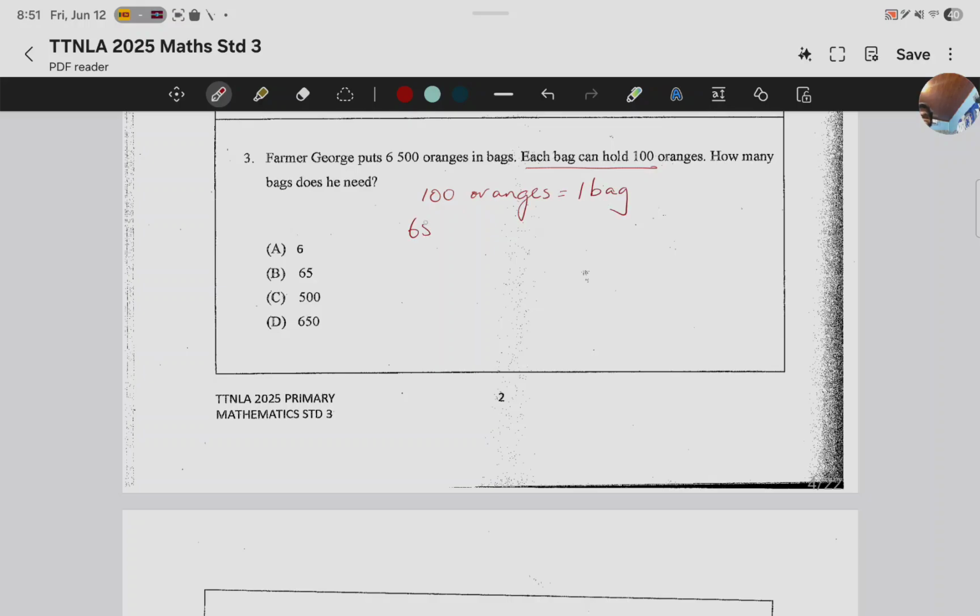For 6,500 oranges, it would be 6,500 divided by 100. When dividing by 100 and the number ends in 0, we can cancel the 0. So this and this can cancel, this and this can cancel. This becomes 65 divided by 1, which is the same as 65. So you need 65 bags.